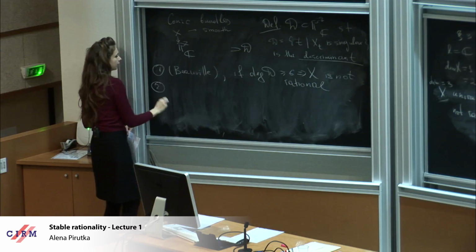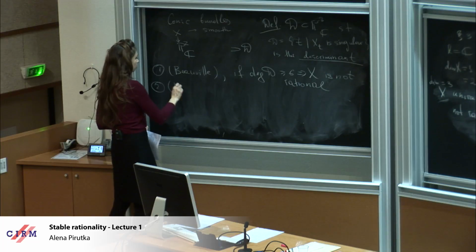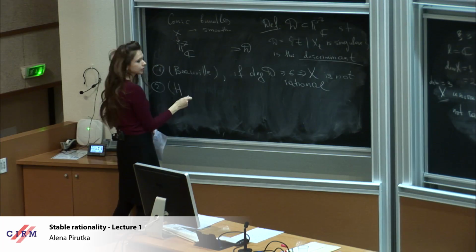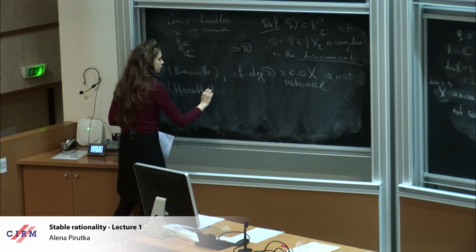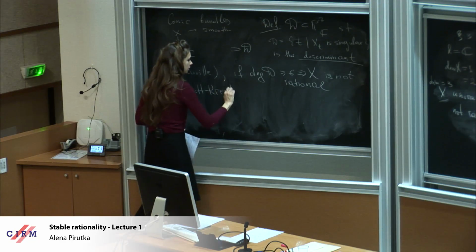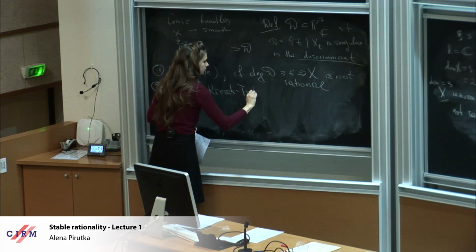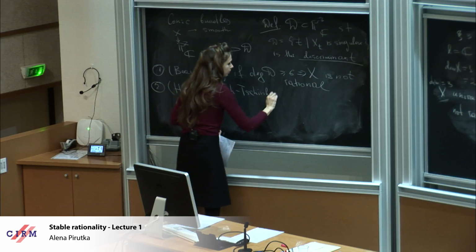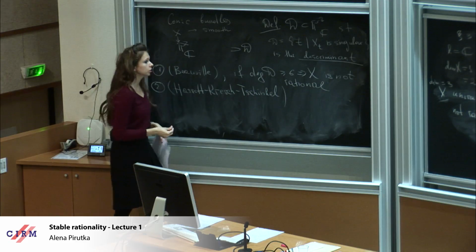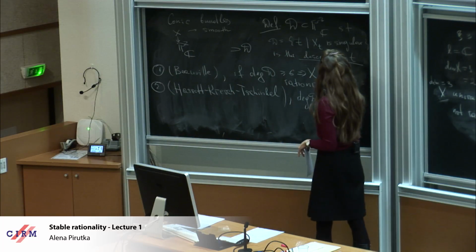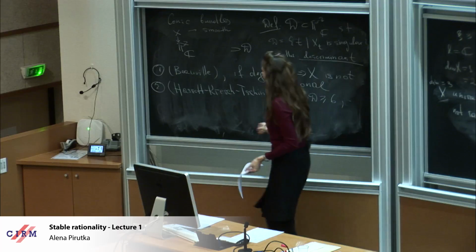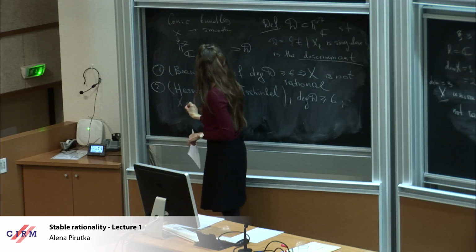More recently, by again this method in the second section, a result by Hassett, Krylov and Tschinkel: the same assumption on the discriminant, at least 6, and again X is very general.